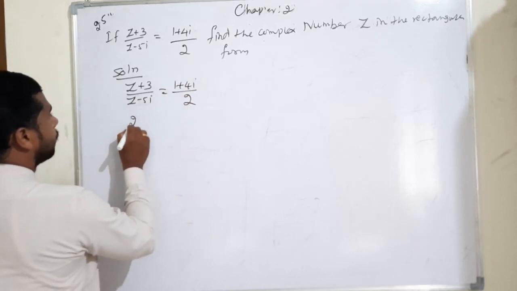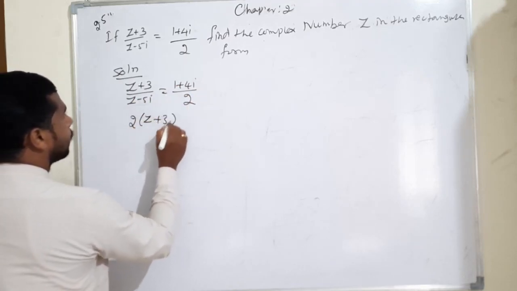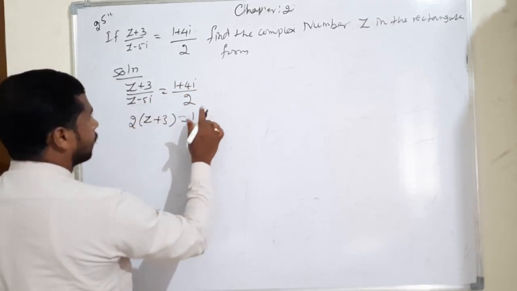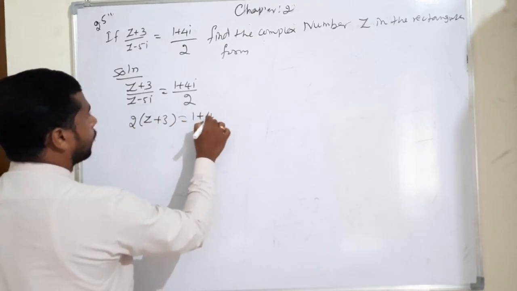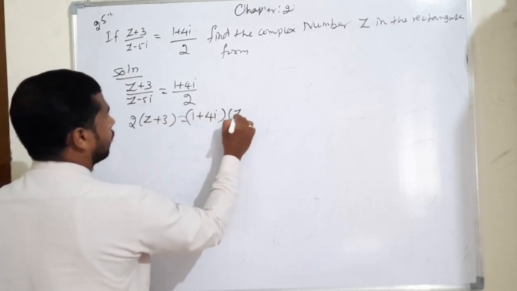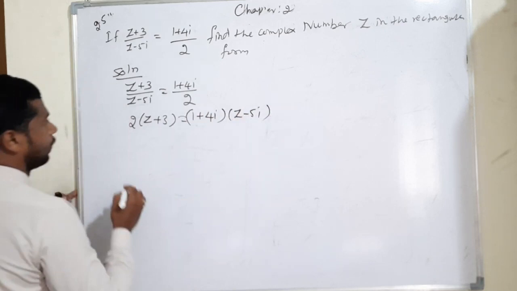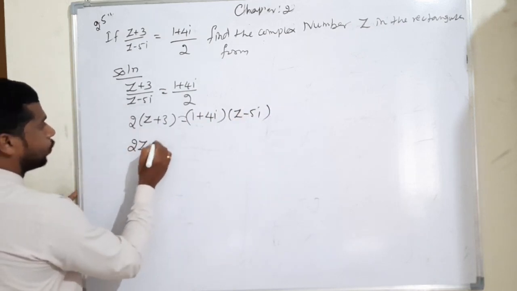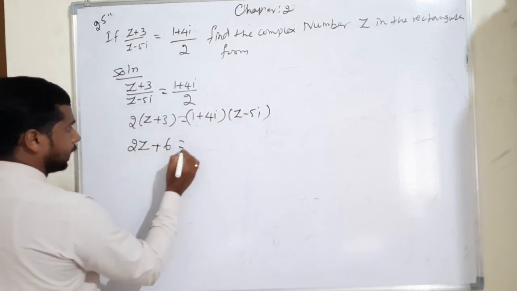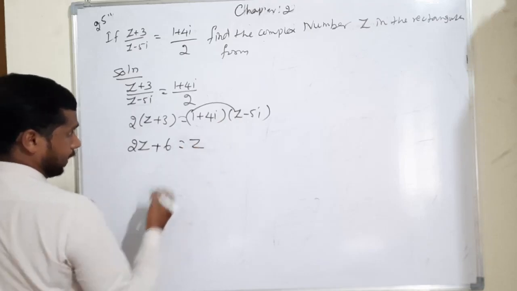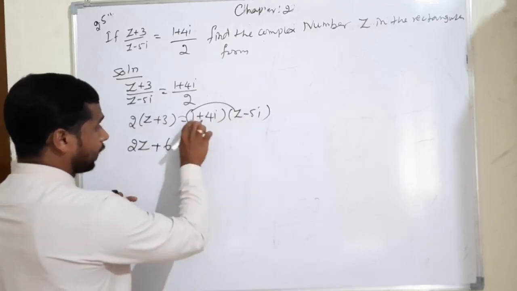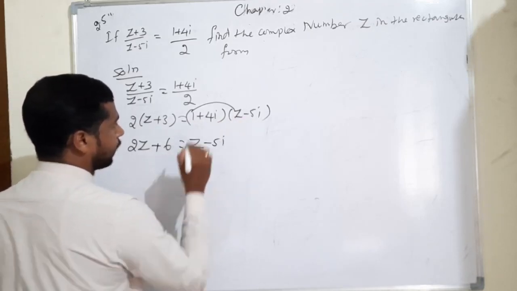Then cross multiply: 2 into (z plus 3) equals (1 plus 4i) into (z minus 5i). If you remove the bracket, 2z plus 2 into 3, 6, is equal to 1 into z is z. Again minus 5i into 1 means minus 5i.